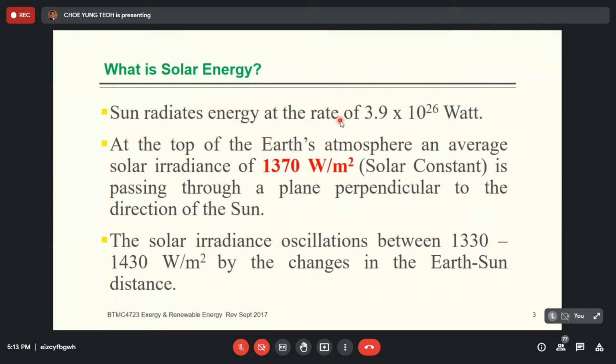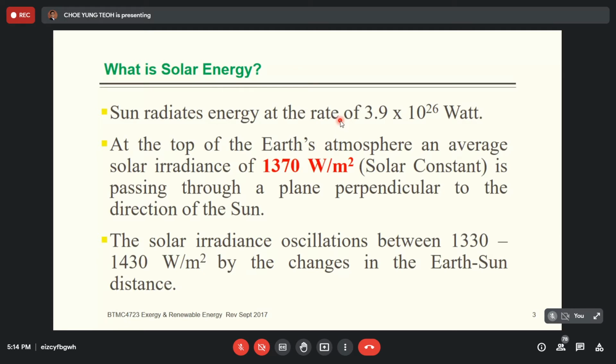But why do we get less when we get further away from the sun? Because the sun emits energy in all directions, 360 degrees. Try to imagine that the amount of energy is the same, but the total area covered becomes bigger and bigger.